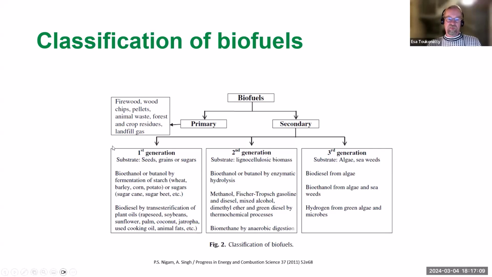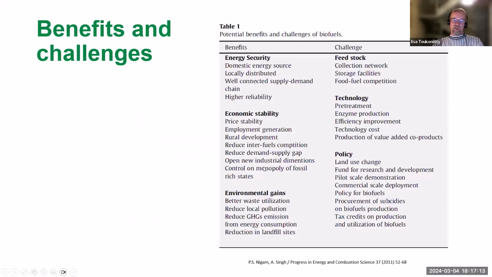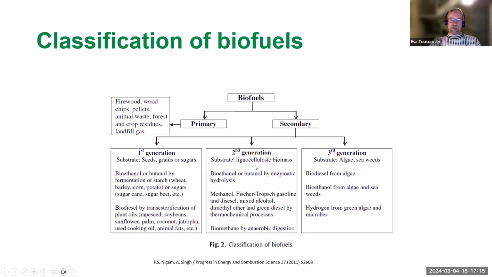And then the second generation ones are like in here, where the lignocellulosic biomass is the starting material, but sometimes I think non-edible biomass or plants that are not eatable can also be listed here, or some residue from food processing or the pulp and paper industry or forestry.